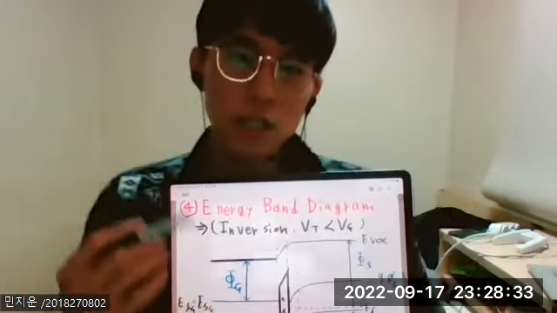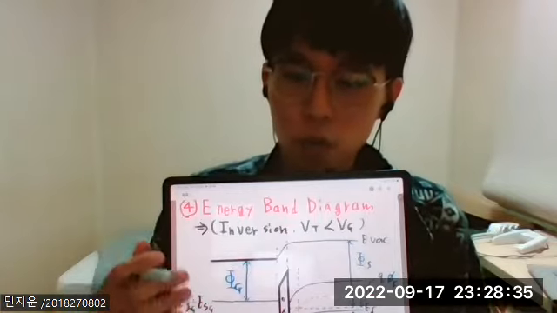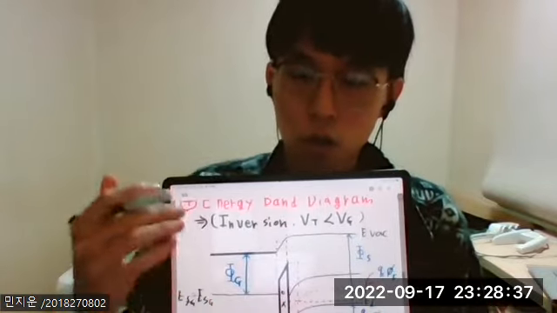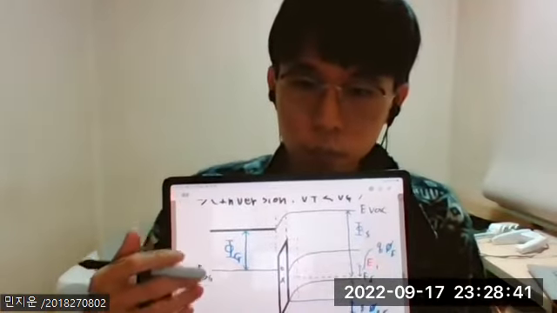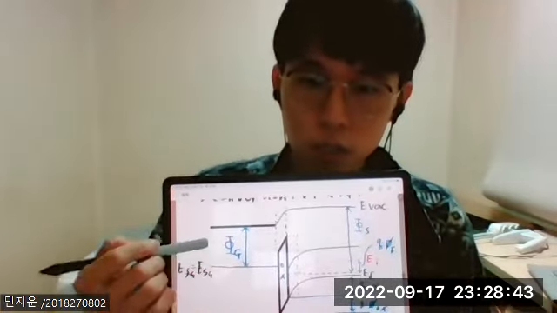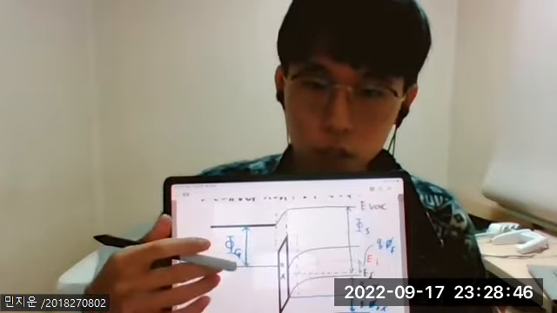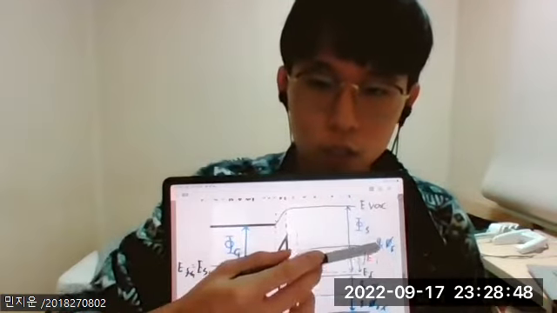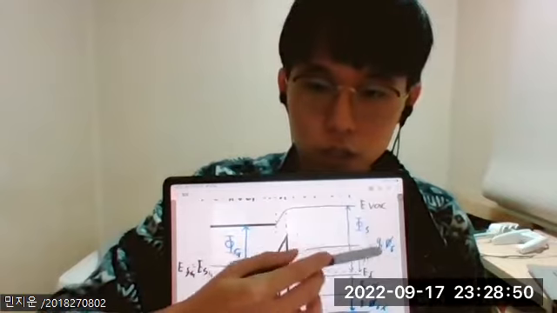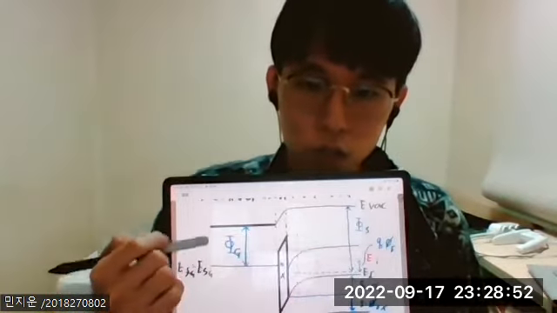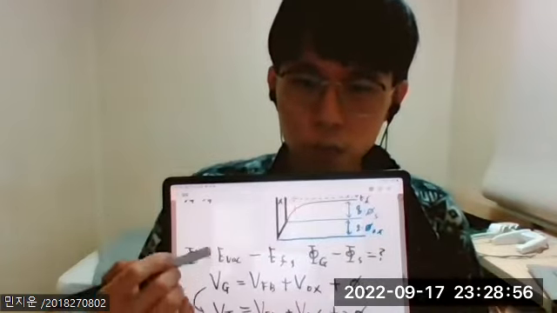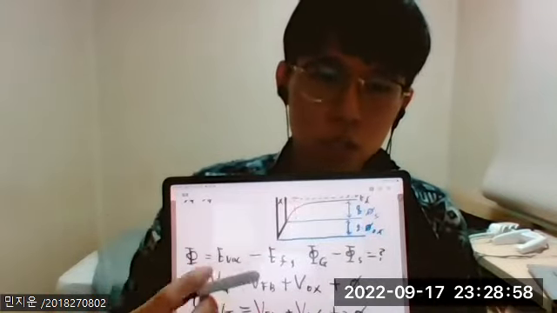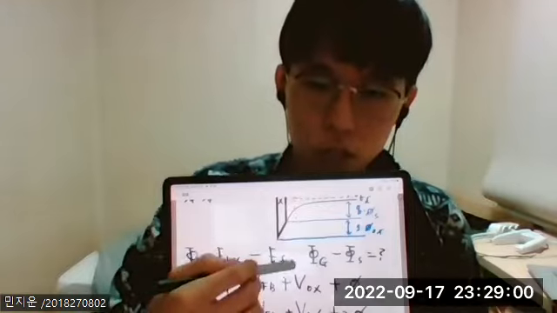Next, I explain the energy band diagram of MOSFET at the inversion state. If you see this work function and this potential energy difference, the work function means the vacuum energy minus the Fermi level energy.